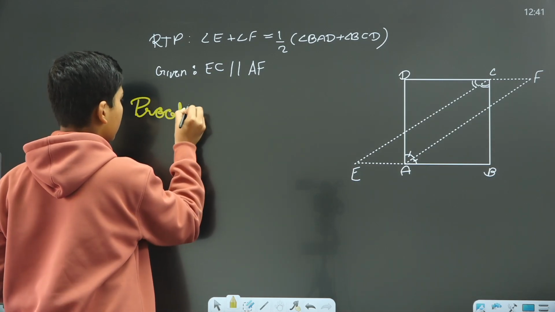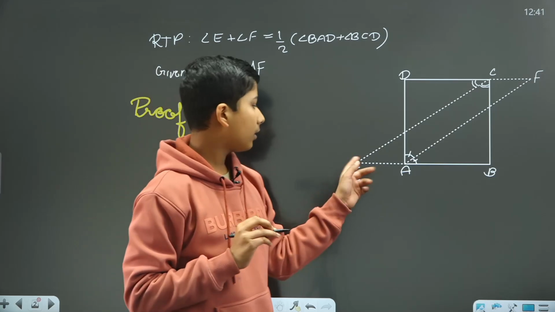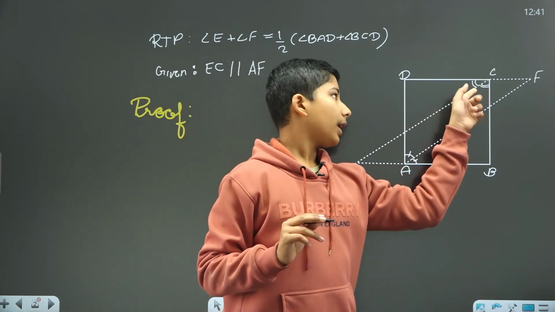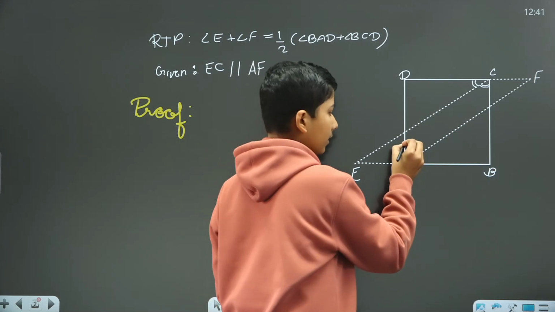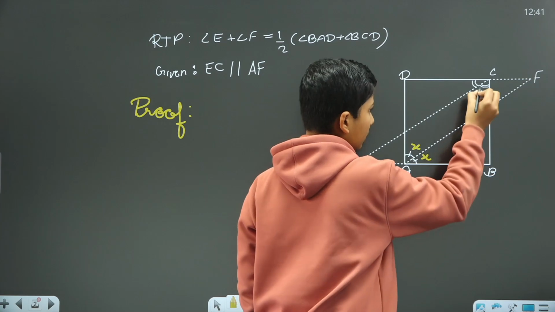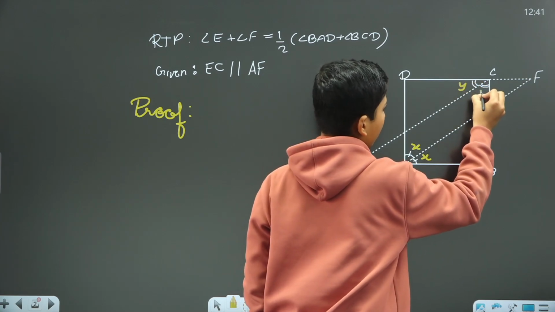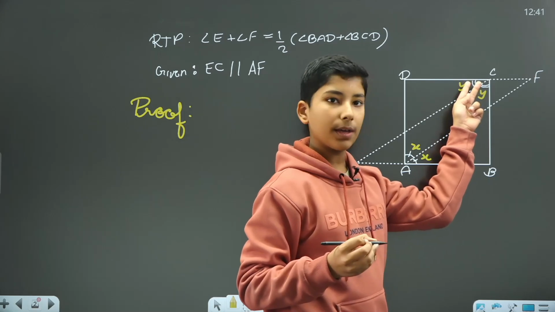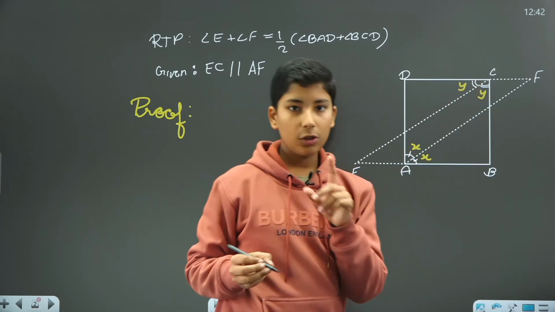Proof. Firstly we will let them be X and X. This is Y and Y, because these two angles are equal and these two angles are also equal.